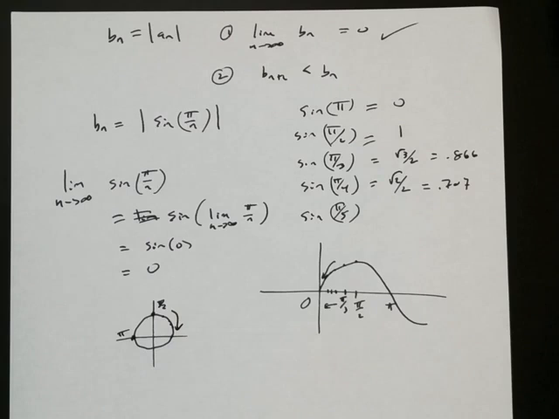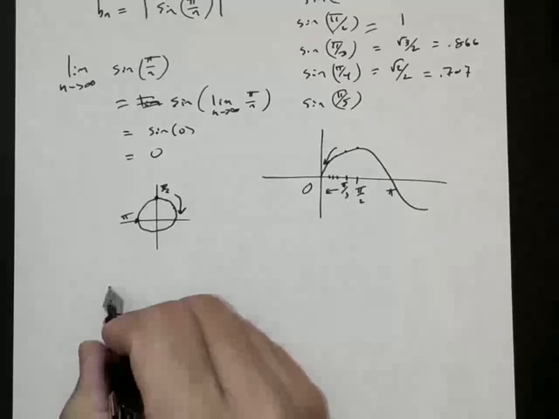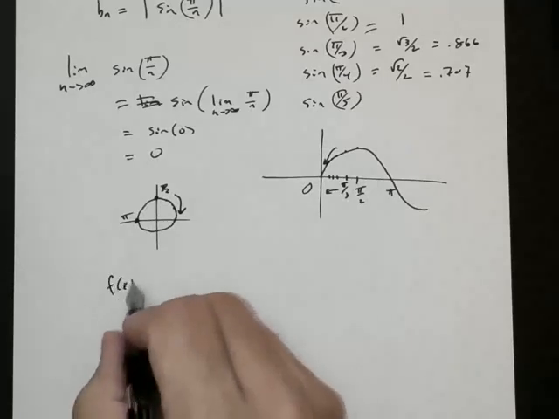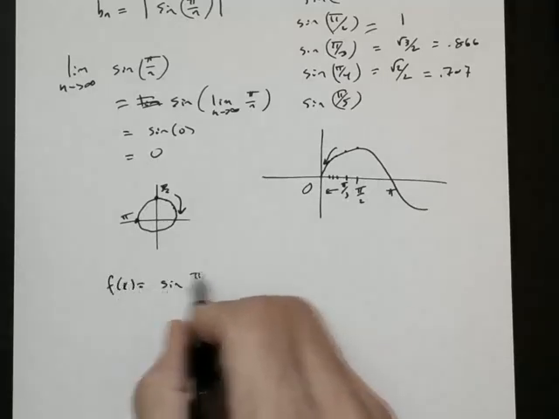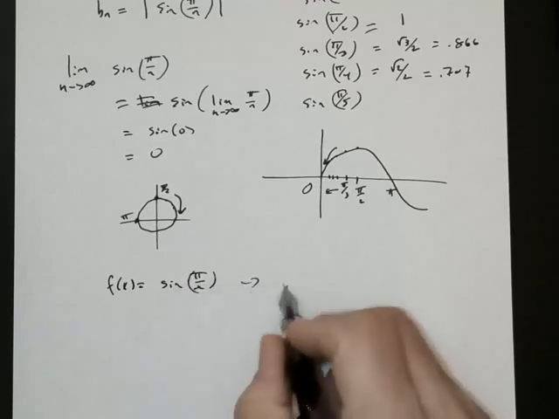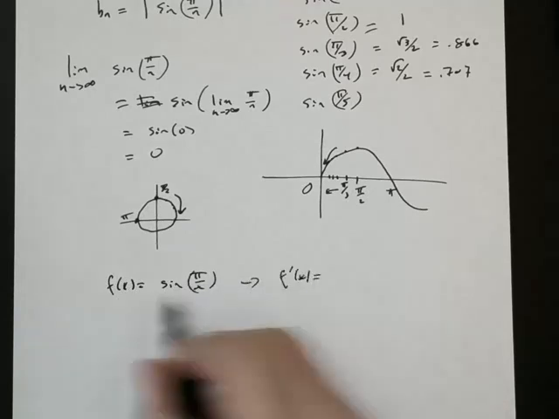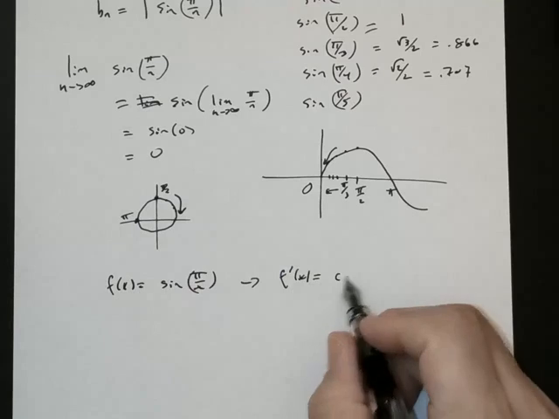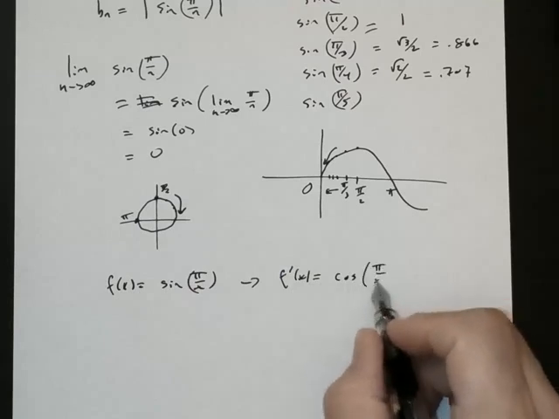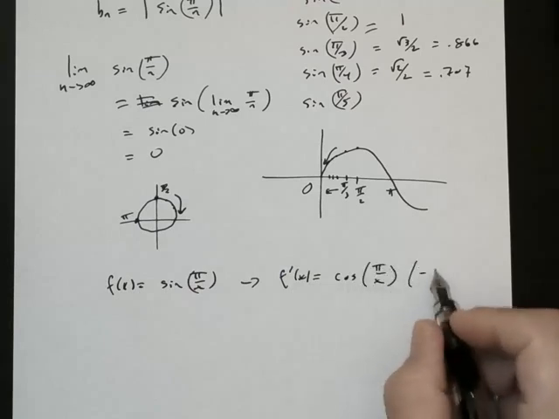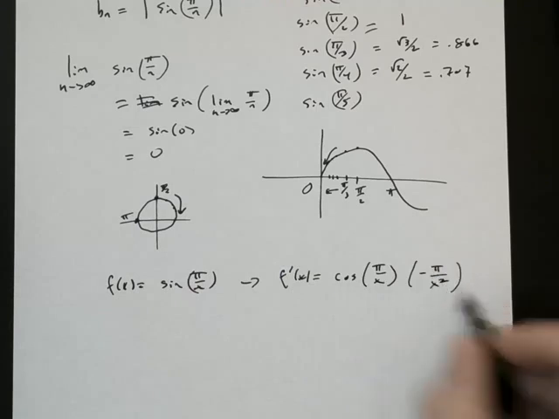We could also take the derivative of sine of pi over x. Ew. But that works because the derivative of sine is cosine of pi over x, and then I get minus pi over x squared.